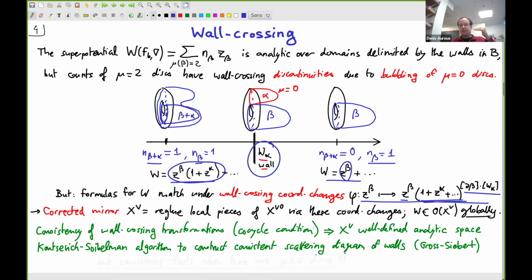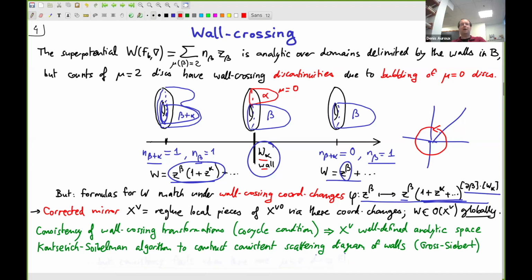The statement is there are lots and lots of walls around because there are lots of ways that Maslov index 0 disks can happen. But if you look near any place you want, and you find all of these wall crossing transformations along a loop that avoids the nasty point where you don't really understand what happens anymore, then the product of all of these transformations should come back to the identity.